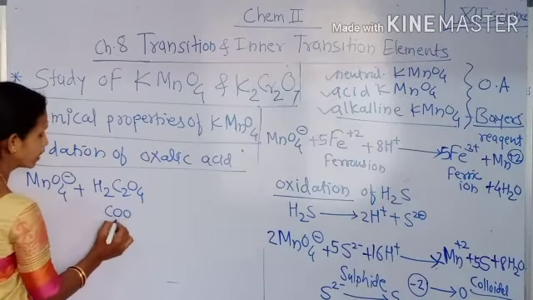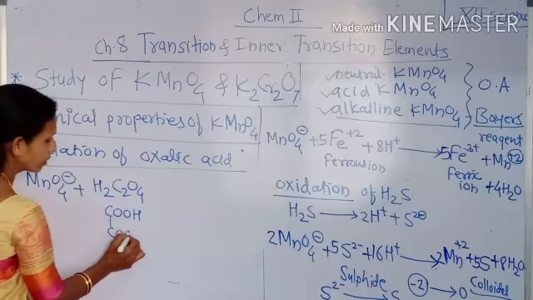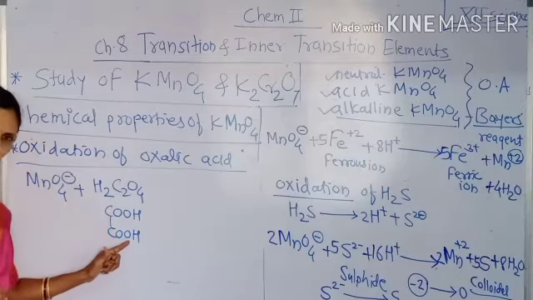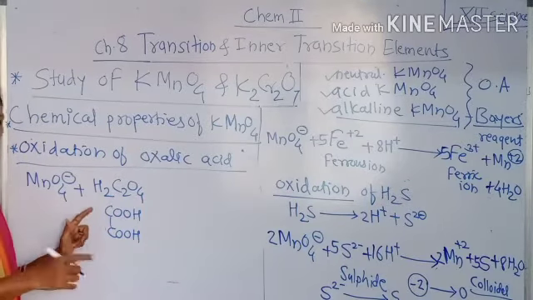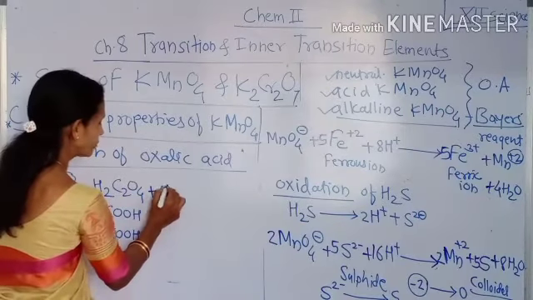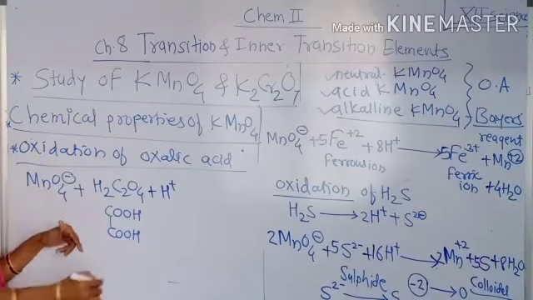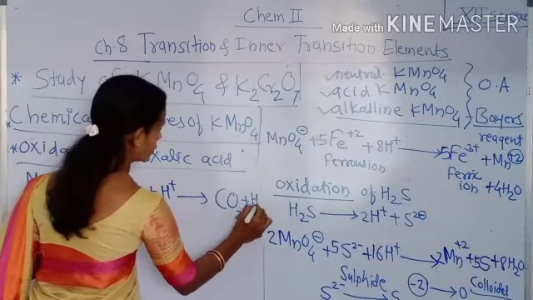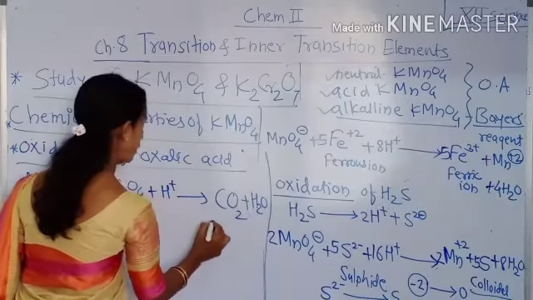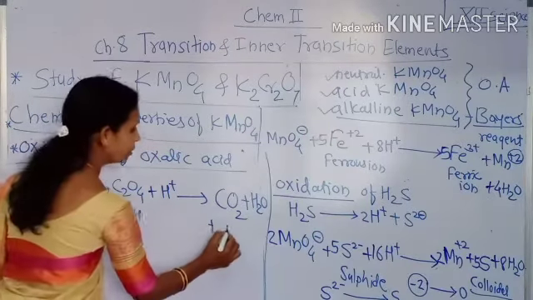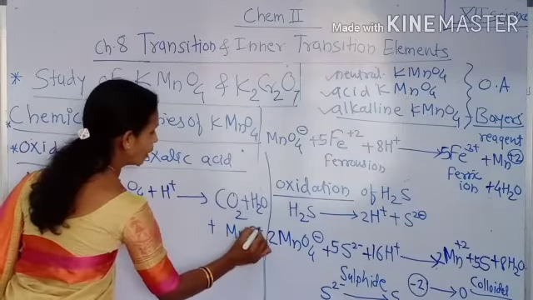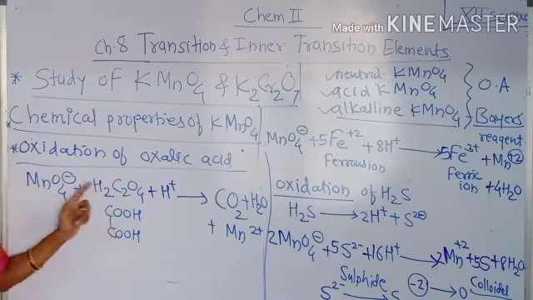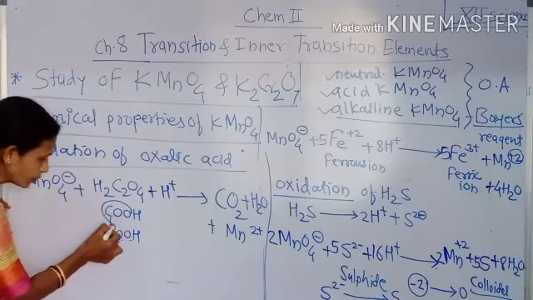We can write this in this form as well, COOH-COOH, that is oxalic acid. That oxalic acid in acidic medium is converted into CO2 plus H2O, and the MnO4 minus ion is converted into the Mn2 plus ion, isn't it? Then see here, oxalic acid liberates CO2.